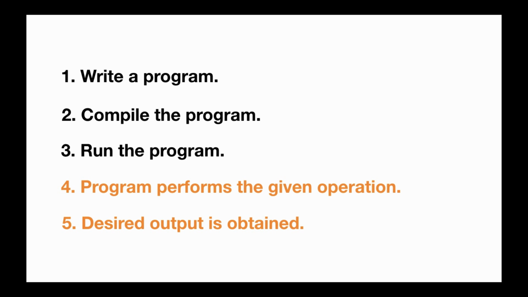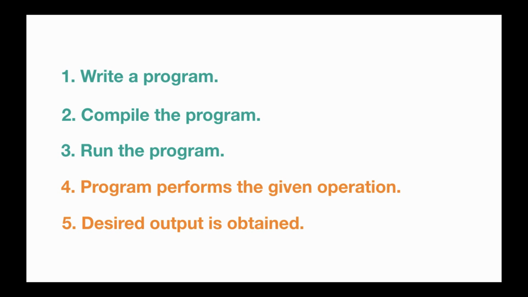Whereas steps 1, 2 and 3 depend on the programming language that you choose to write the code, which means they vary for each programming language, or they can stay the same, but it all depends on what programming language you are using.